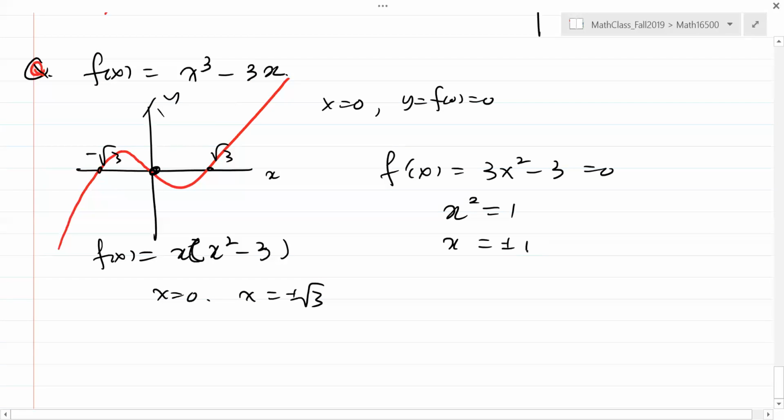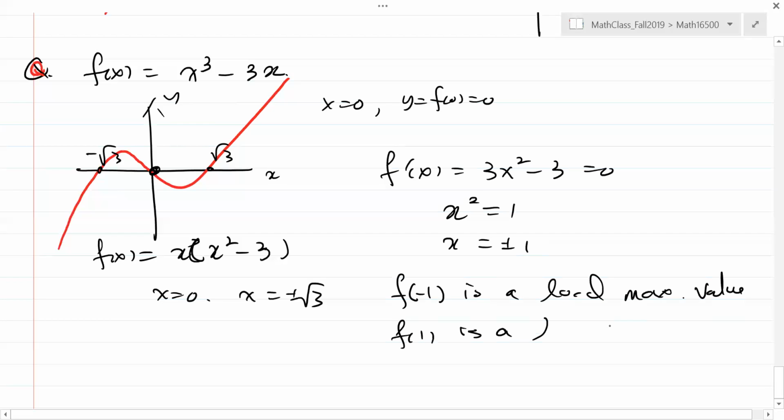And clearly from the graph, I can tell that f of negative 1 is a local maximum value of the function. f of 1 is a local minimum value of the function.